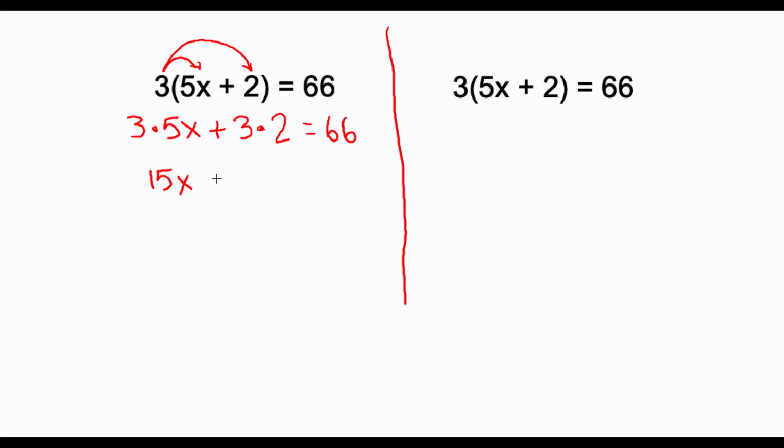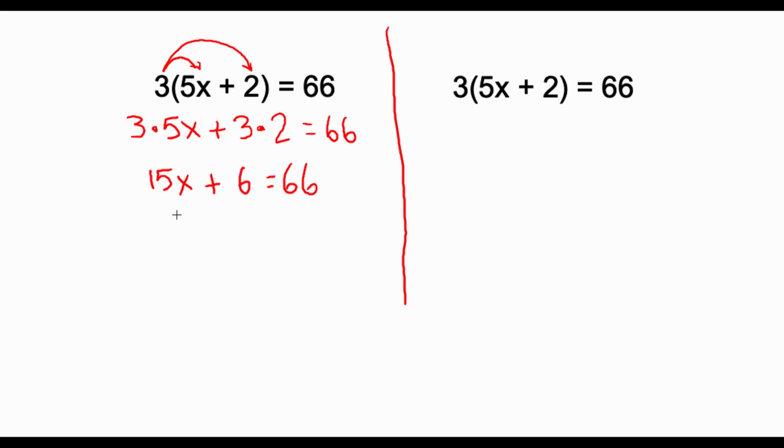All right, plus the 3 times the constant 2 will give us the 6, equal to 66. So using the distributive property, we were able to get rid of the parentheses by multiplying the coefficient outside with both terms inside of the parentheses, giving us the 15x plus 6.